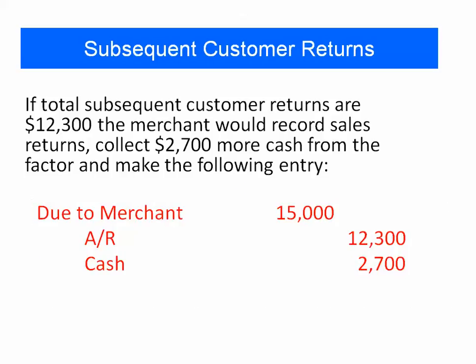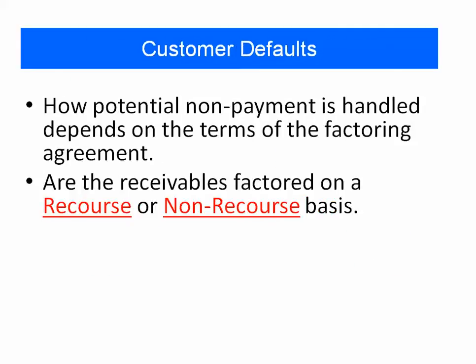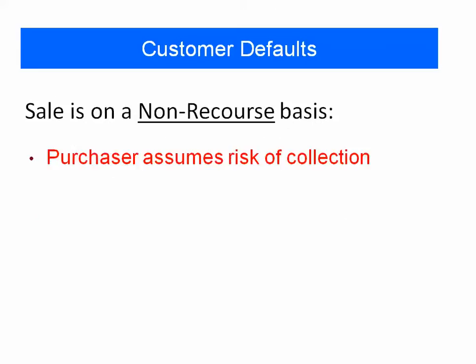Now let's consider potential customer defaults. How customer defaults or potential non-payment is handled depends on the terms of the factoring agreement. Are the receivables factored on a recourse or a non-recourse basis? If the sale is on a non-recourse basis, the purchaser or the finance company assumes the risk of collection.